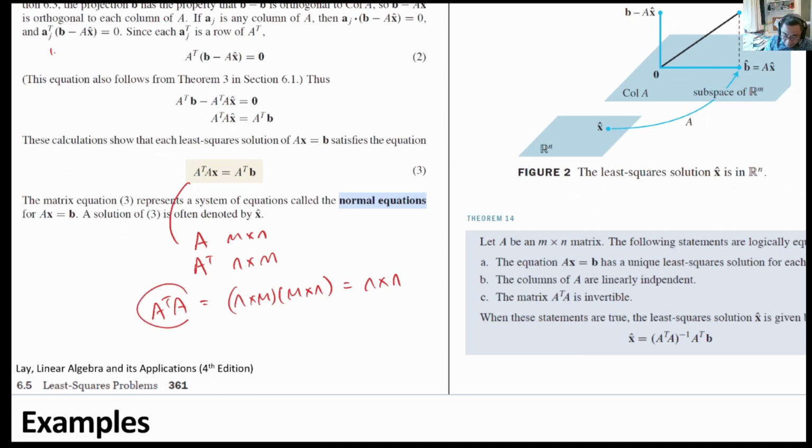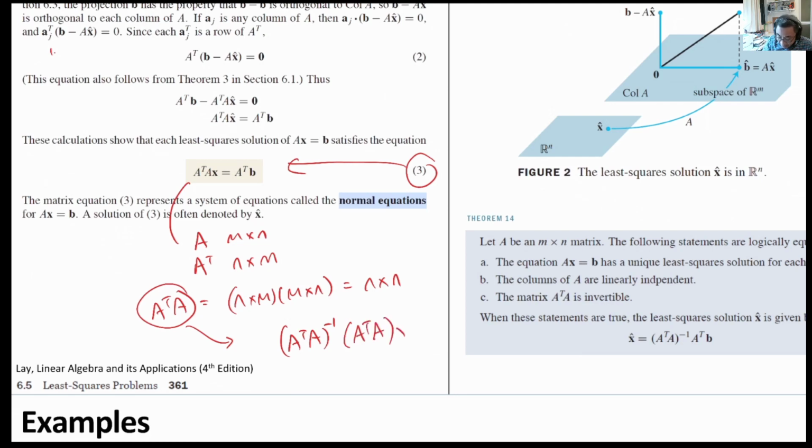This being a square matrix, if its inverse exists, (A^T A) inverse, then we can multiply the normal equation by (A^T A) inverse on the left-hand side, which means we also multiply on the right-hand side.